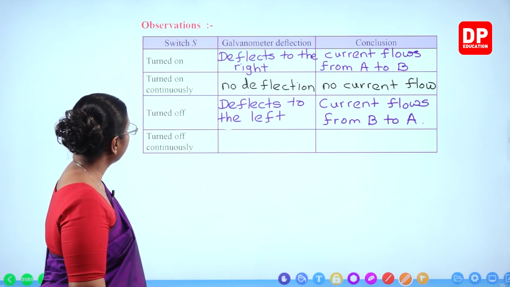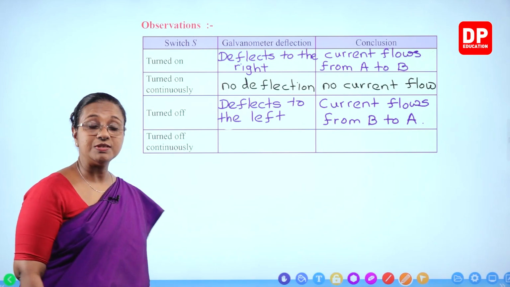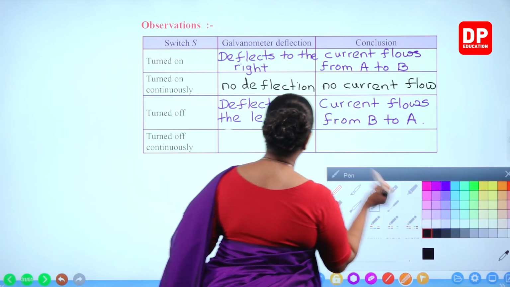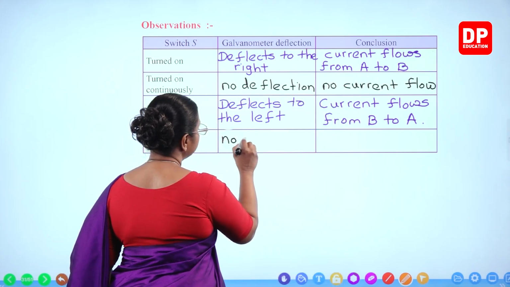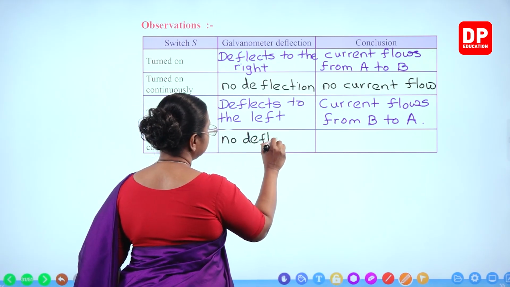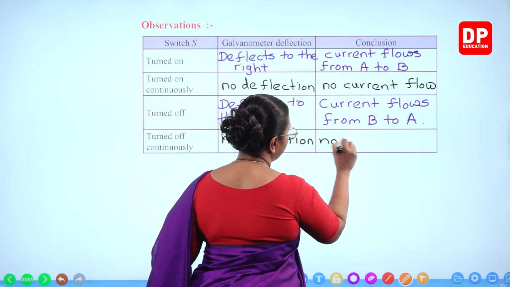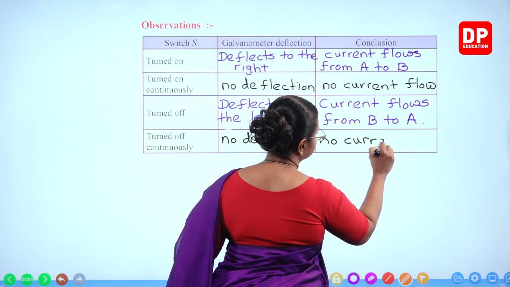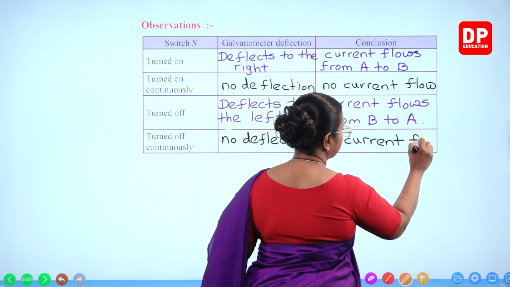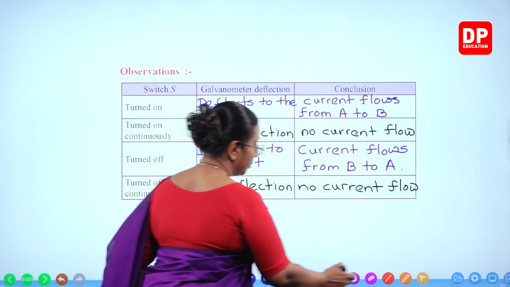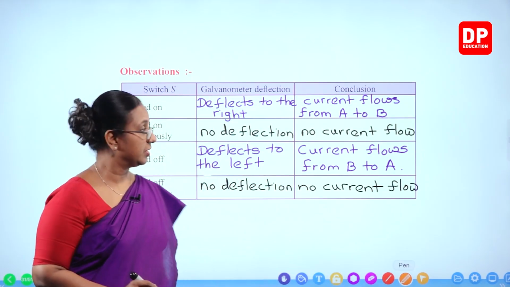Then if I have the switch turned off continuously, there was no deflection, and no current flow. So this is what you need to understand from here, students.